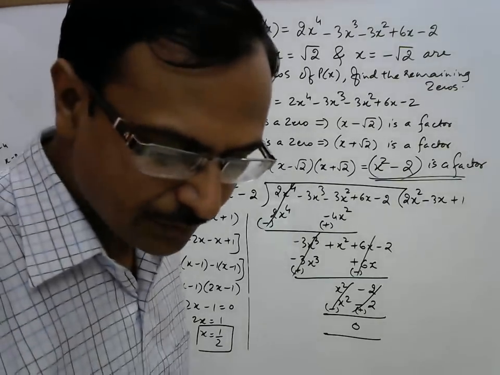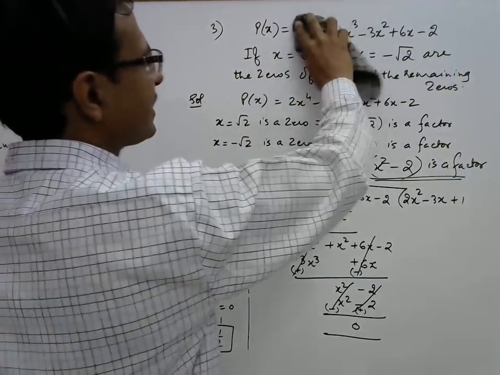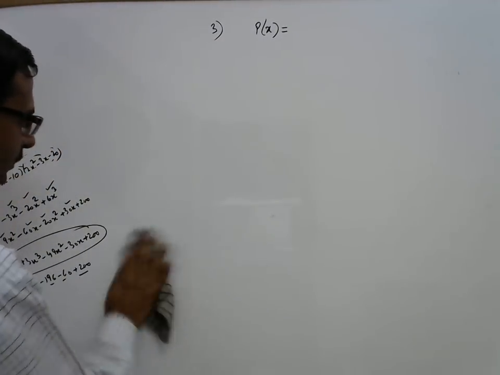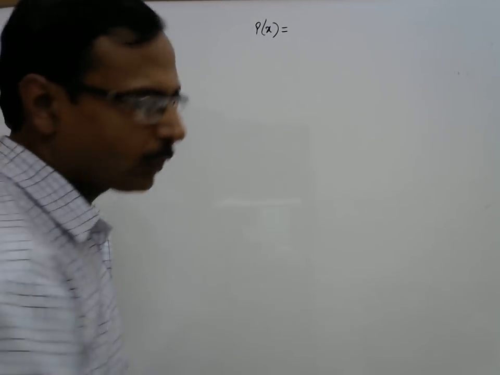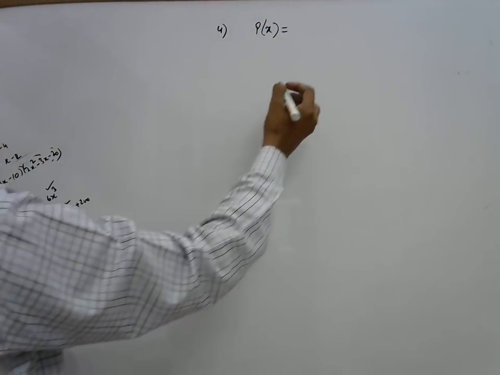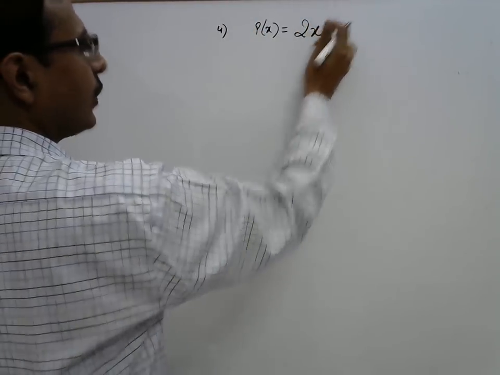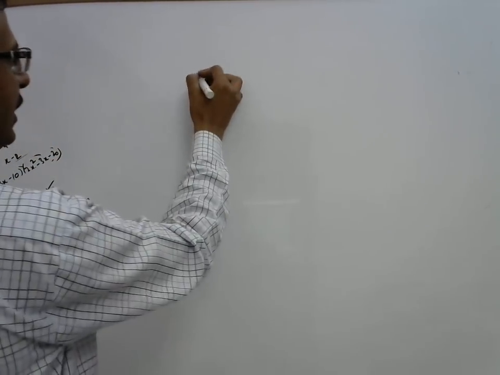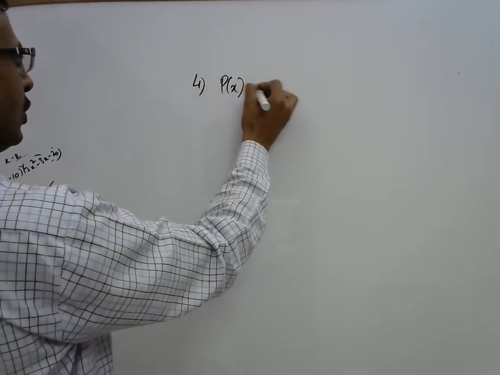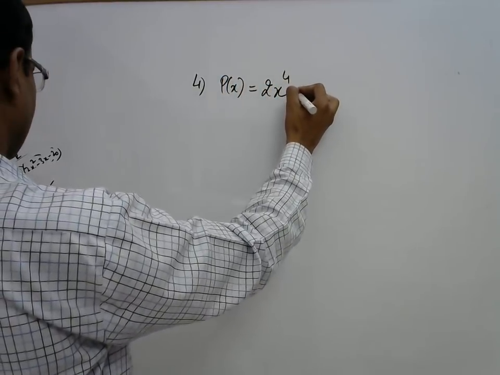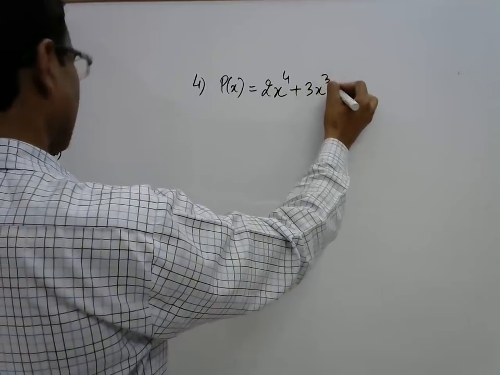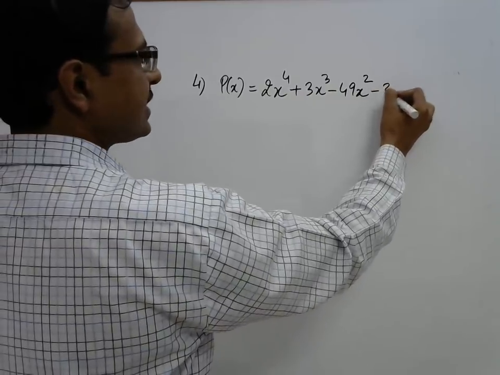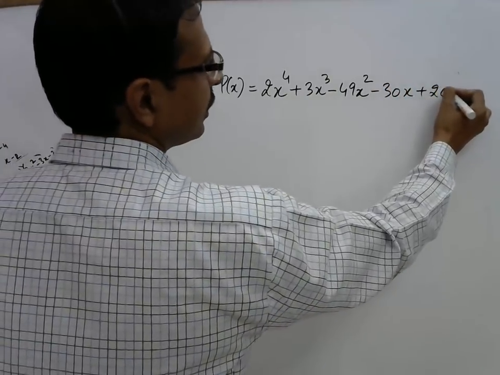Okay, so we have a question here for you. Now the polynomial which is given, this is question number 4 to be solved by you. I'll write it in bold letters because you need to see it clearly. So Px is equal to 2x raised to power 4 plus 3x cube minus 49x square minus 30x plus 200.